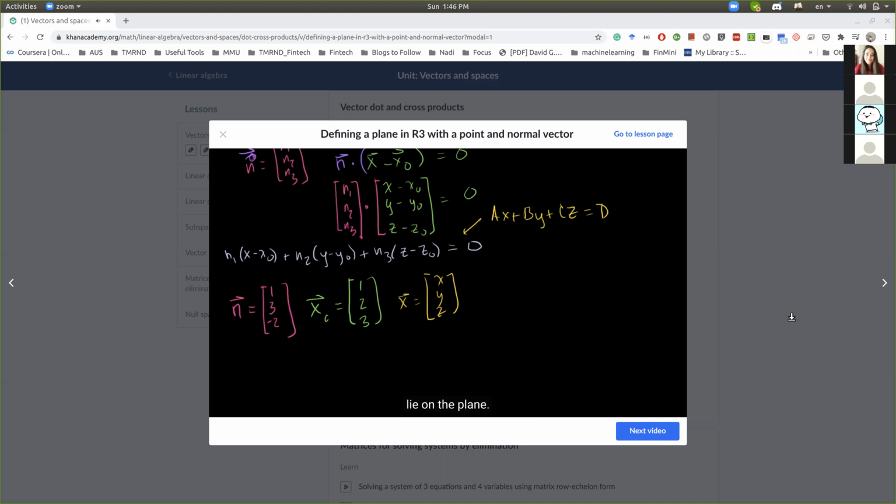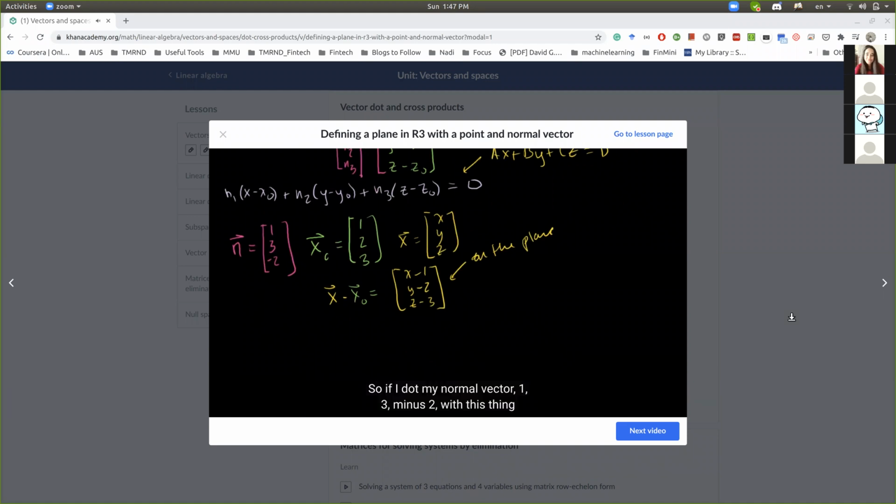So let me take the difference: x minus x naught is x minus 1, y minus 2, and z minus 3. This is on the plane, and it's going to be perpendicular to our normal vector.